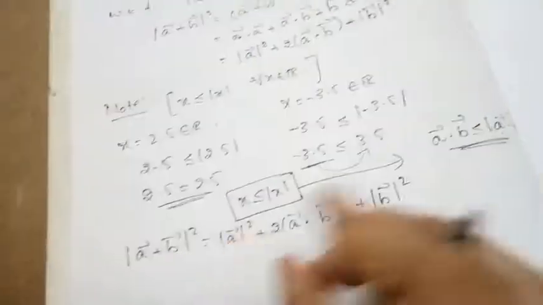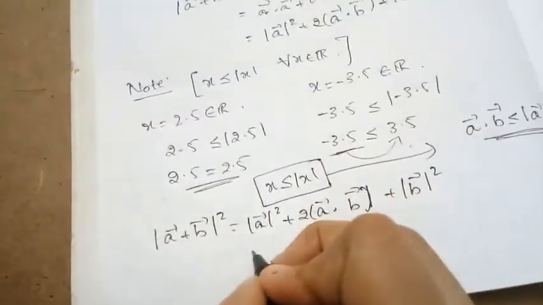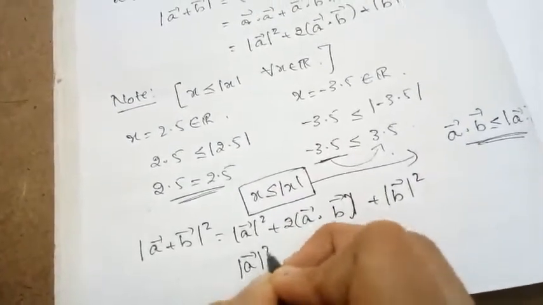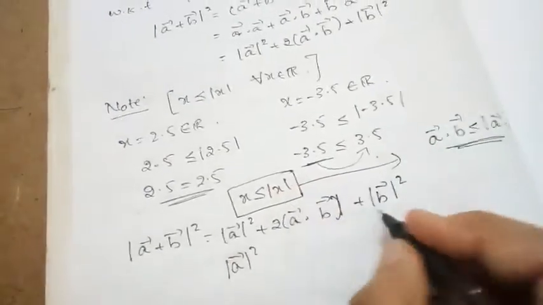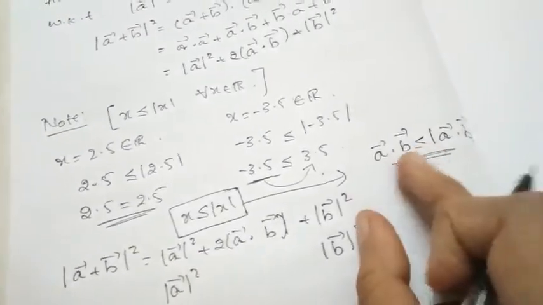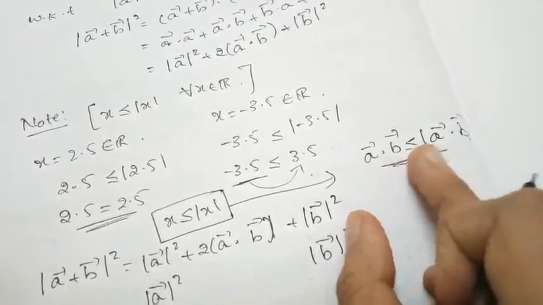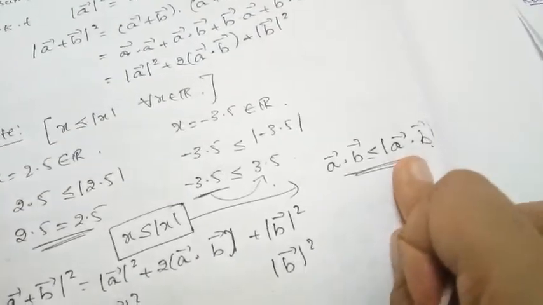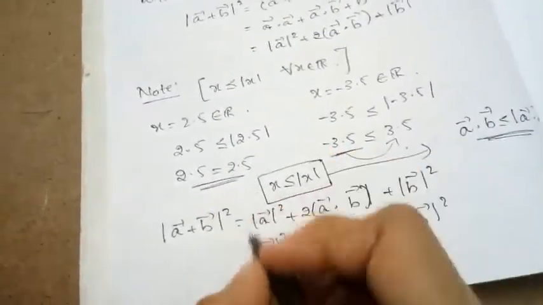This quantity remains as it is for the next step, and this one remains as it is again here also.